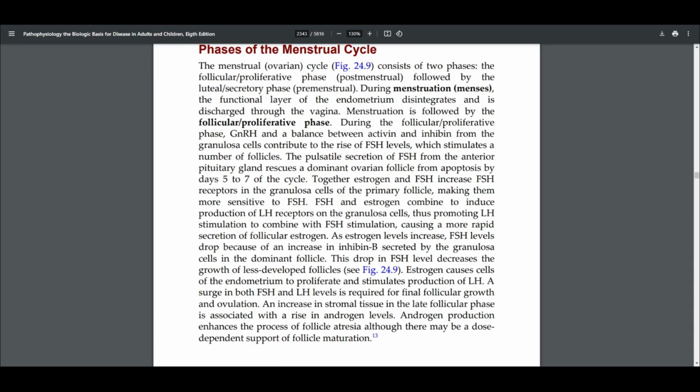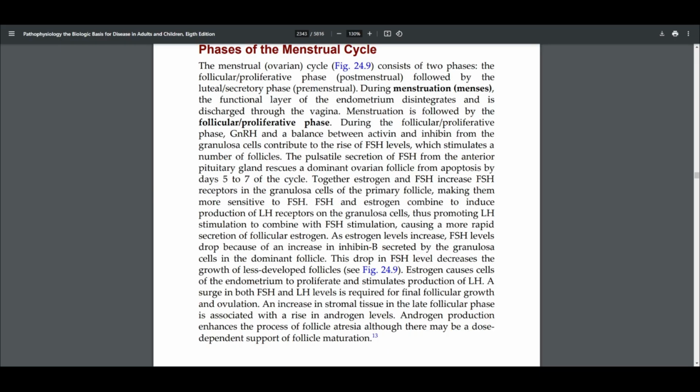As estrogen levels increase, FSH levels drop because of an increase in inhibin B secreted by the granulosa cells in the dominant follicles. This drop in FSH levels decreases the growth of less developed follicles. Estrogen causes cells of the endometrium to proliferate and stimulates production of luteinizing hormone.